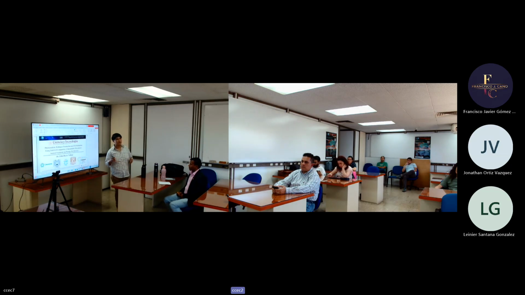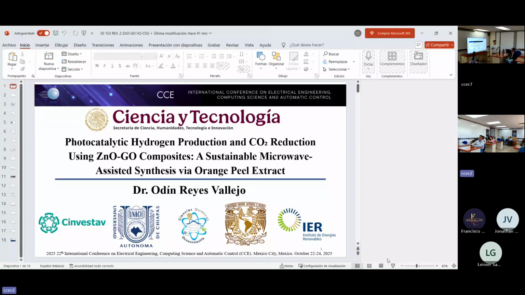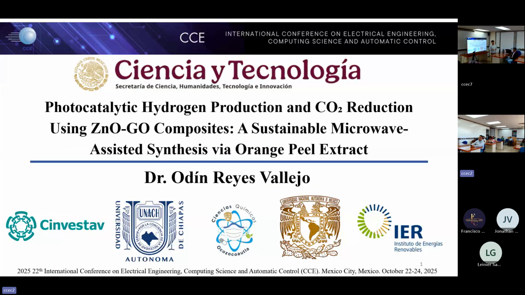We have obtained very well defined morphologies. So in this case, I was looking for what happened to the zinc oxide and what kind of morphology we should obtain. But I didn't expect, to be honest, the appearance of the graphene oxide. So this was very interesting.